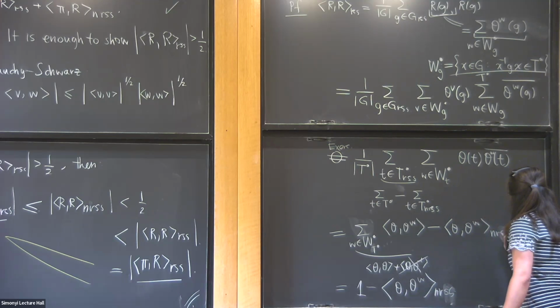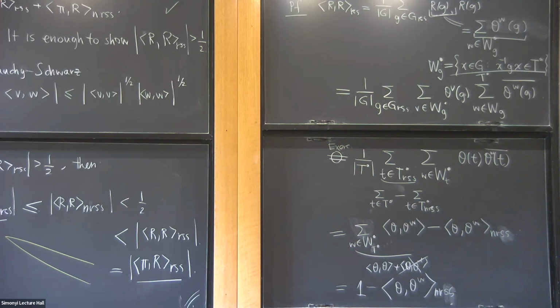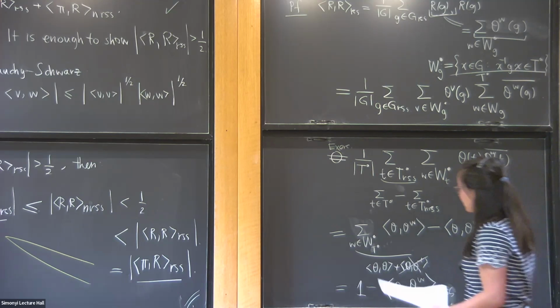Sometimes I put reg there, and that's because of some terminology. If you have an element inside a torus, it's semi-simple. And for an element inside a torus to be regular semi-simple just means it's an element inside a torus that's regular. And so that's why accidentally sometimes I change the notation.